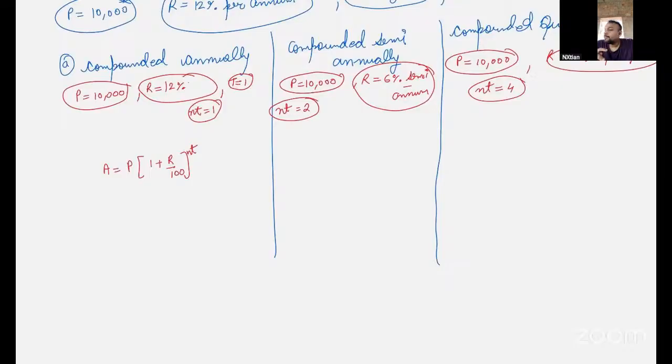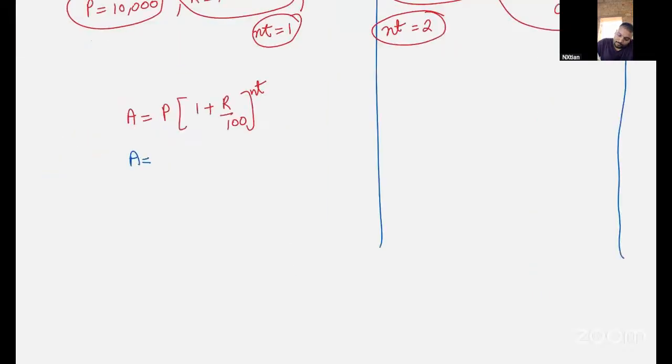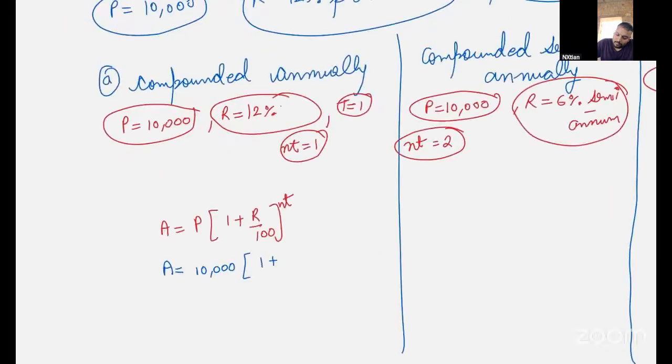How much did you get, guys? For the first one, I got 11,200. Yes, correct. Okay. For the second one, I got 11286. Say loudly.